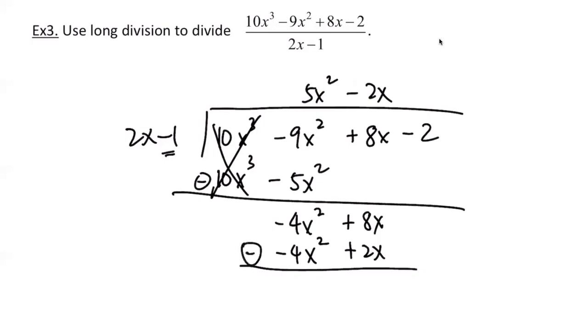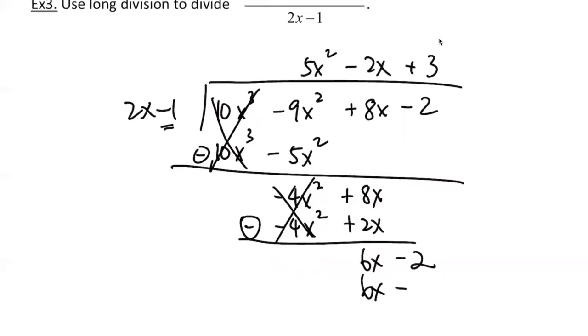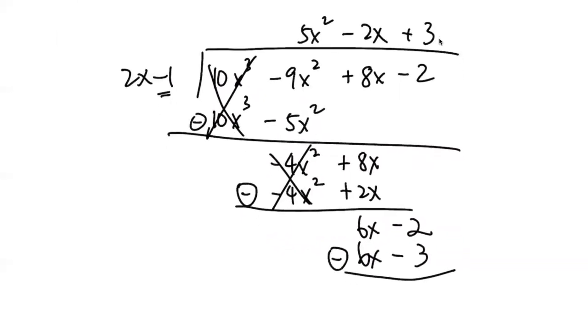So again, you have a subtraction, so they're gone, and then positive 8x minus 2x, that would give you 6x, and 6x minus 2, and then I would do a plus 3, that would give me 6x, and then minus 3. Unfortunately, we have a remainder, and the remainder is 1.